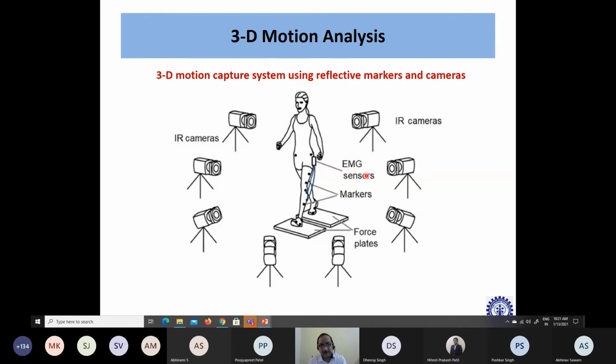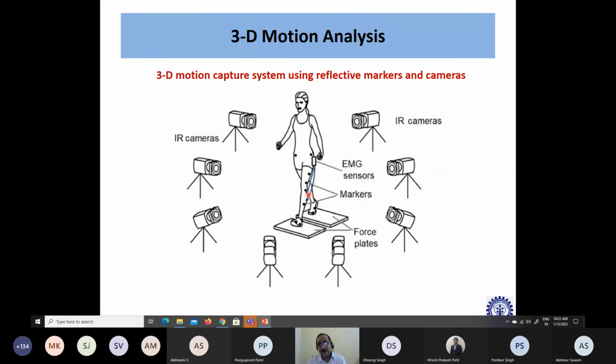In this slide, you can see a person walking over two force platforms, two force plates. These force platforms give you as output ground reaction forces at many instants within the walking cycle or activity. You can see also the optical reflective markers, the black points.